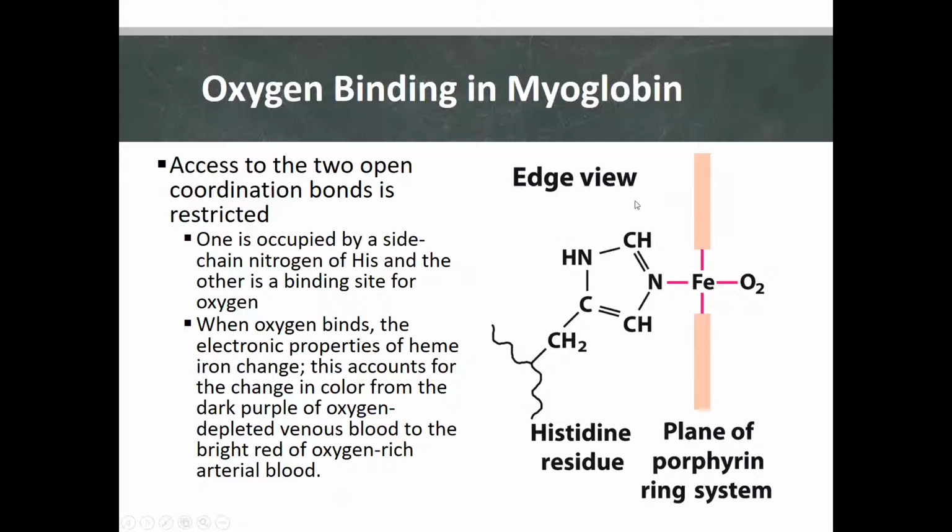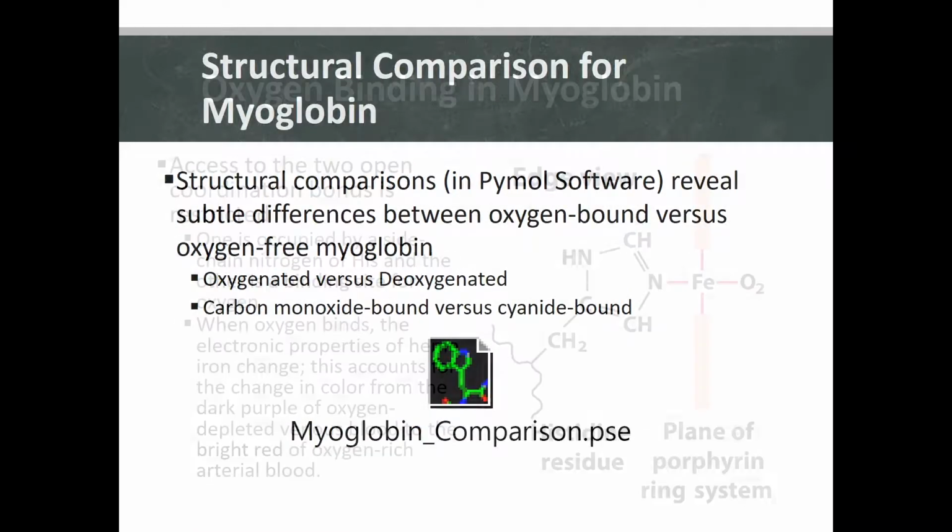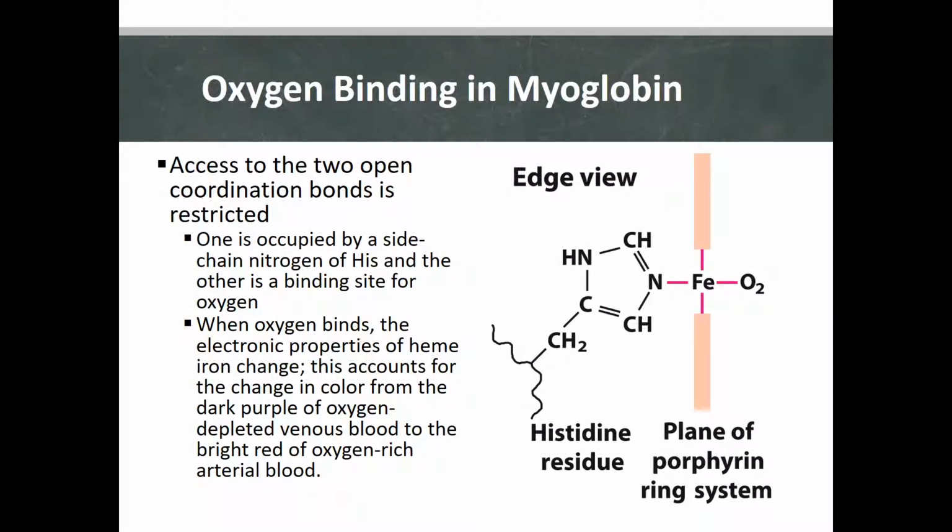His F8, or His 93, is sitting here above the plane interacting with the iron, and oxygen binds on the other side. Okay, so remember, the iron is interacting with 4 nitrogens, and the imidazole side chain of His F8, and when oxygen is bound, it is interacting with oxygen. Okay, so we have our oxygenated state and our deoxygenated state.